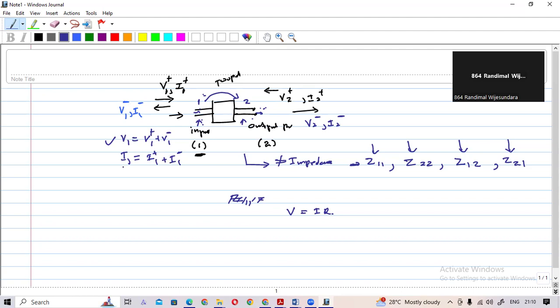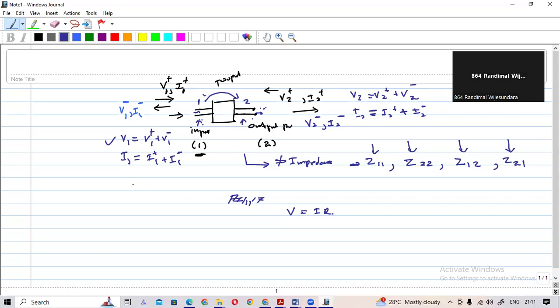Okay. So V1, I1 is there. And if you consider this one, there is V2 and I2 also. So V2 can be written as V2 plus V2 minus, and I2 can be written as I2 plus I2 minus. Okay. So there are input voltage and current, and output voltage and current.